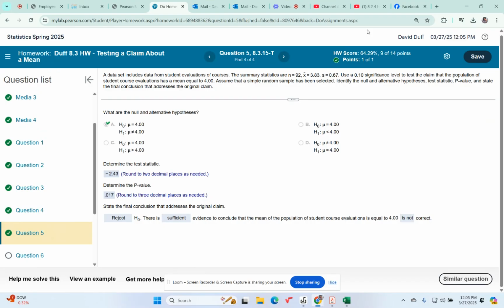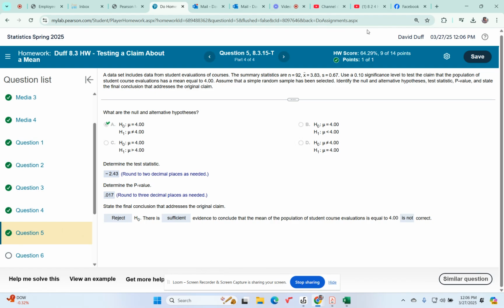Also worth discussing is the t-distribution. What is the t-distribution versus the z-distribution? I'm going to make this very simple for you. The t-distribution must be used when the population standard deviation is not known. And almost always that is the case.